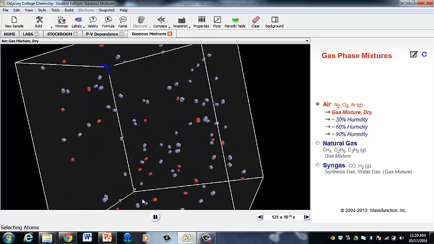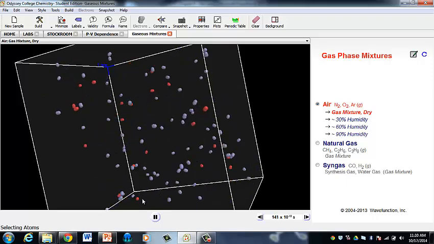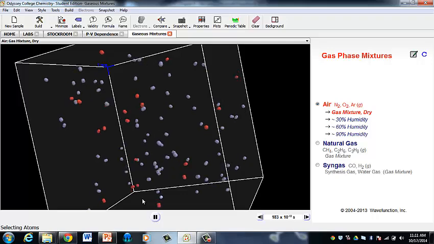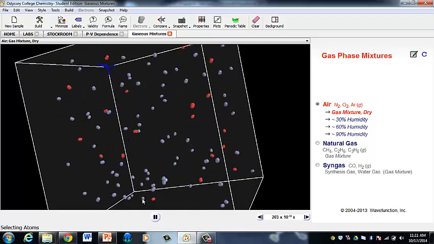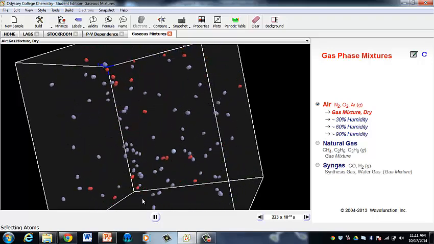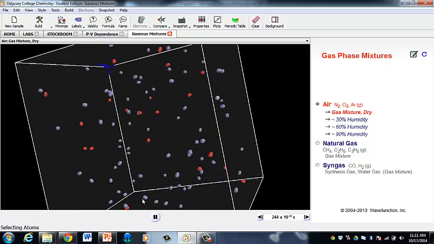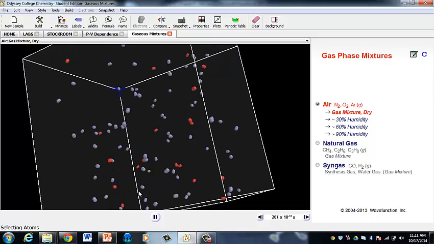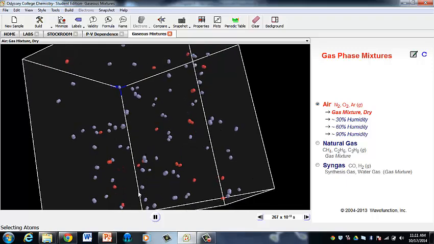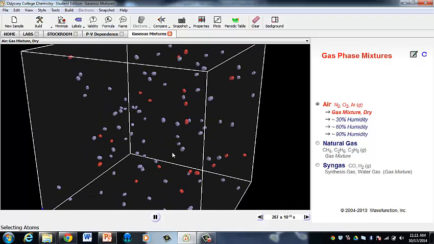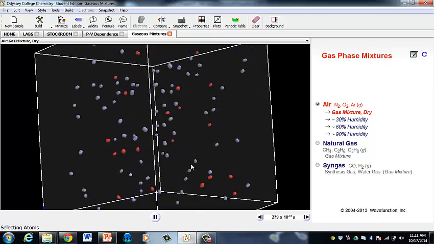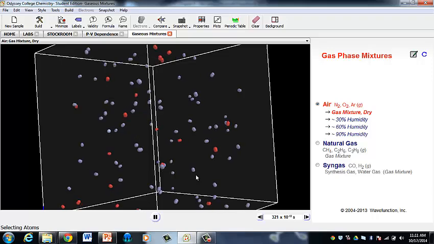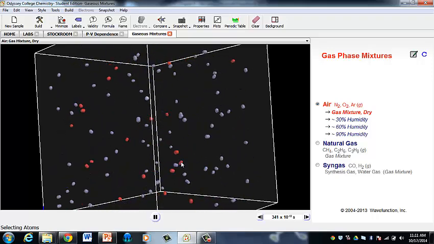Not oxygen, because oxygen is not the main component. Nitrogen. The red diatomic ones, you may not be able to see in the room that they're diatomic, but those red diatomic ones are oxygen. If you look really closely, you will find in this given chamber maybe one or two monatomic atoms, which represent argon, which is a minor component of air.